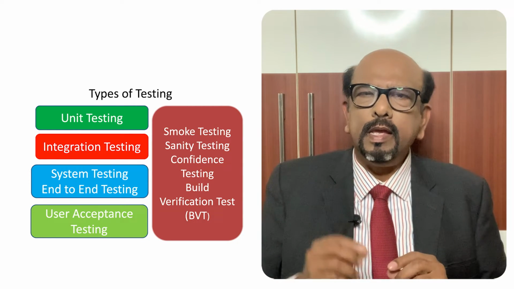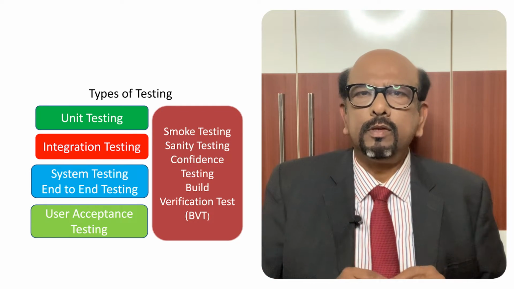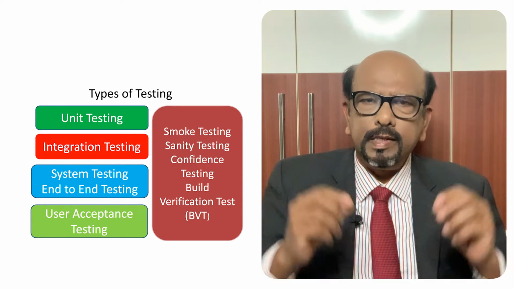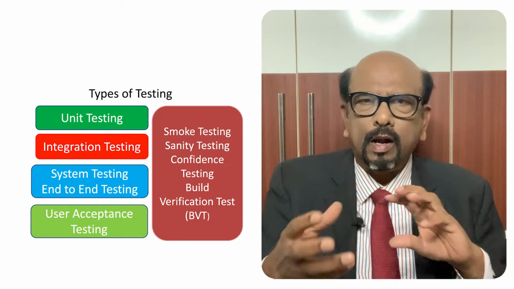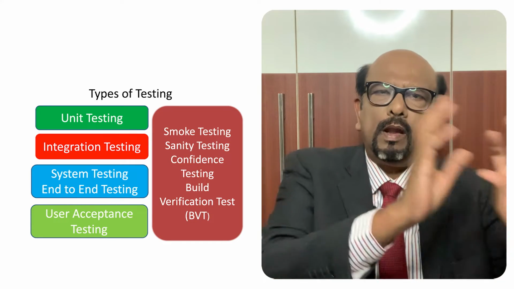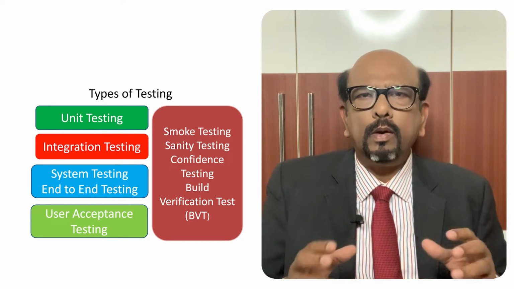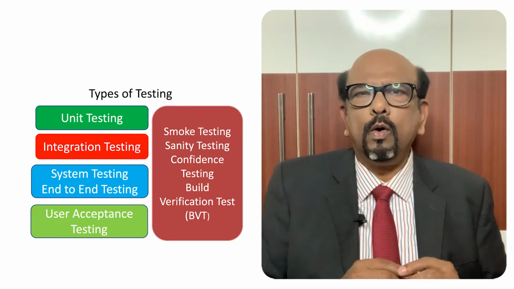Unit testing is the testing done by the developer himself. The developer will develop and test it himself, whether it is working with all possible combinations of data, and if it is satisfied, he will check in the code. Now, there are some 100 people who have developed 100 pieces of code.